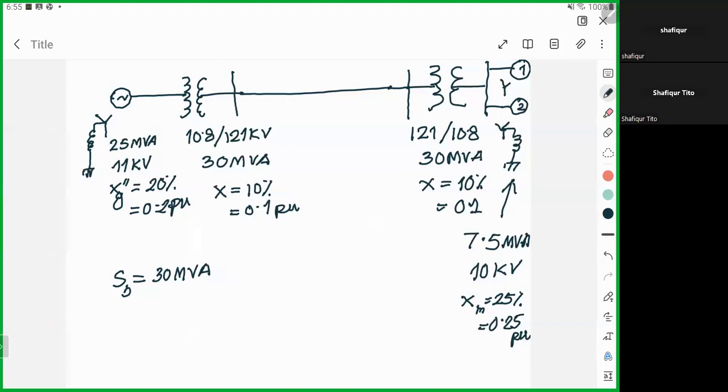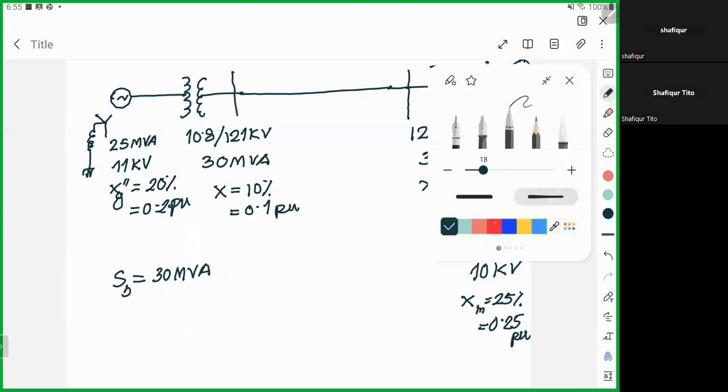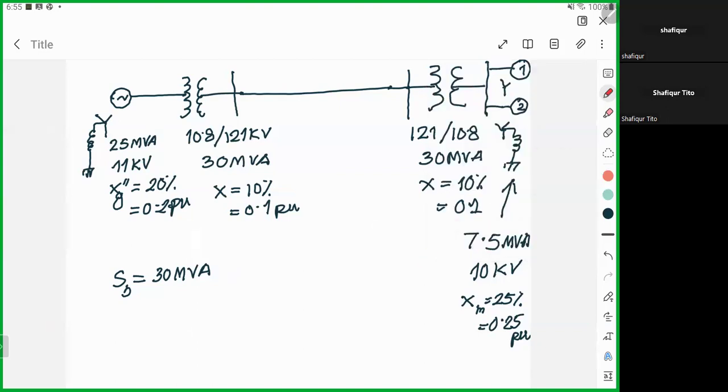Now about the voltage, we have considered that the voltage of each section has to be taken as their base voltage. But here a slight problem arises, because the voltage rating on the same side is not the same.